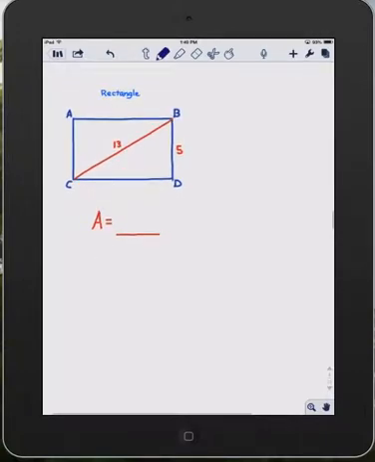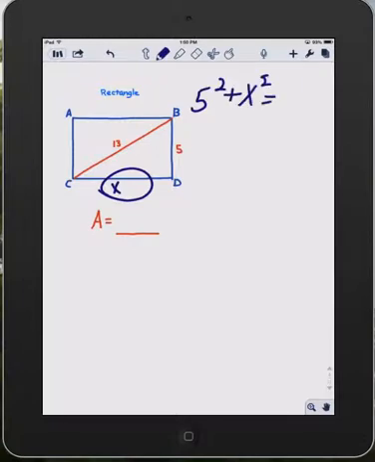Next problem. Sometimes we don't know the height, so we have to go off to the side and find the height. In this case, because we've drawn a diagonal for a rectangle, it forms 2 congruent right triangles. For triangle BCD, we have a squared plus b squared, the sum of the squares of the 2 legs, equals the square of the hypotenuse.